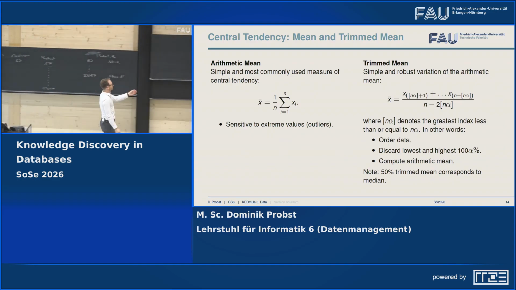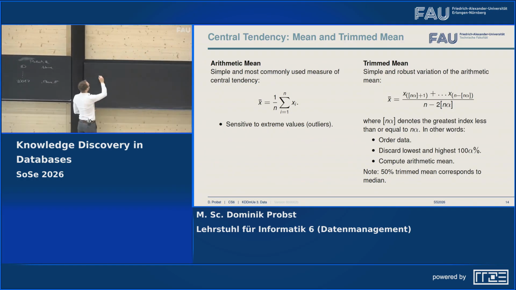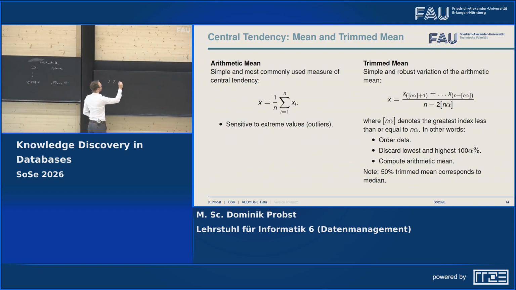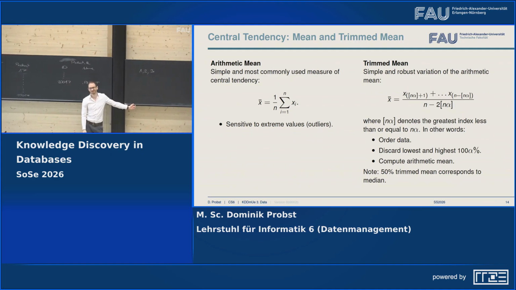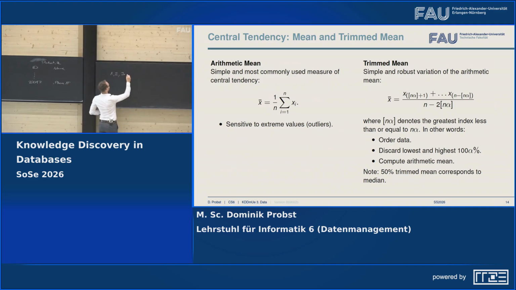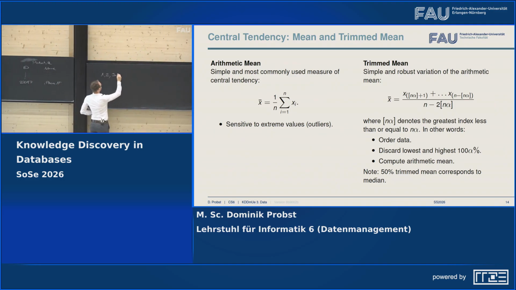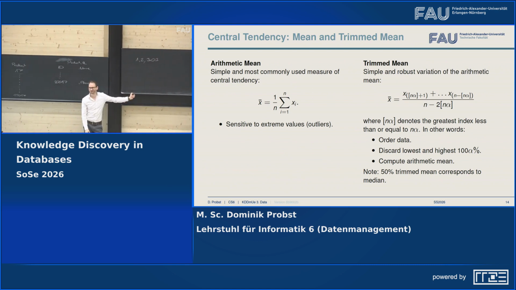It's very sensitive to extreme outliers. So, for example, what's the mean of these three values? 2. Pretty simple. If we now have these three values, suddenly one value drags the mean up very much.